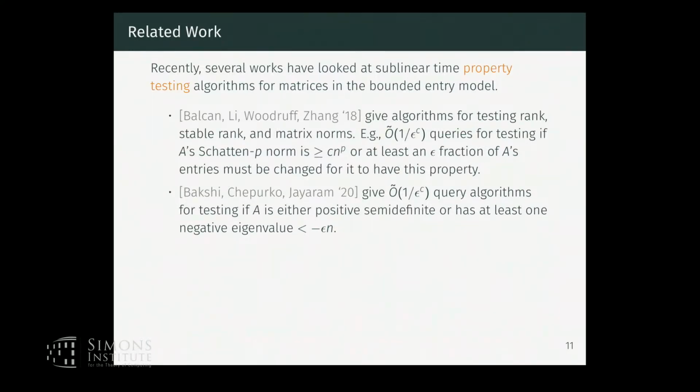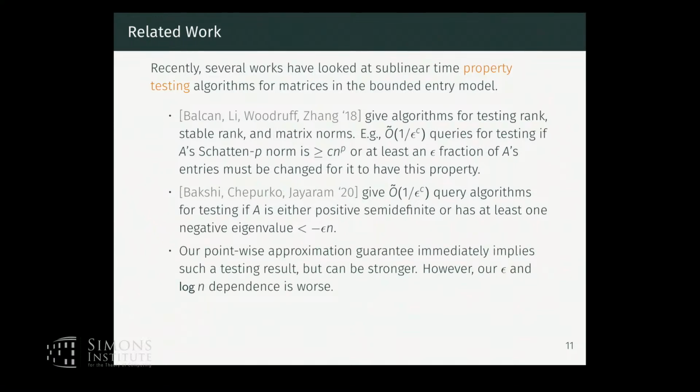The work most closely related to ours, which is what I was just mentioning with these principal submatrices, was this really nice work by Bakshi, Chepurko, and Jayaram, which appeared in FOCS 20. They gave similar complexity to ours, O tilde 1 over epsilon, poly epsilon algorithms to test if A is either positive semi-definite or has one large negative eigenvalue.